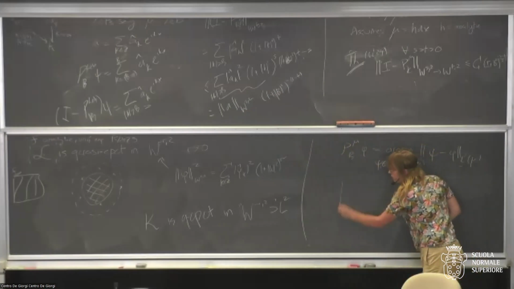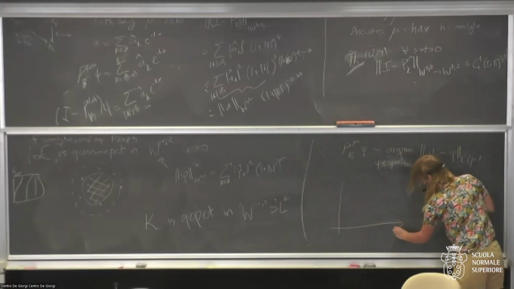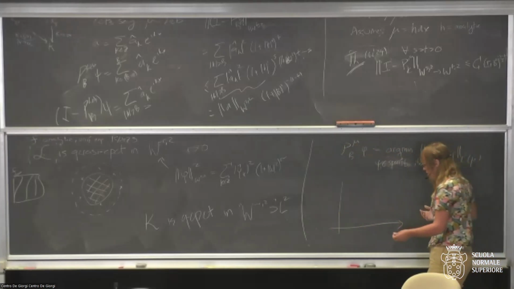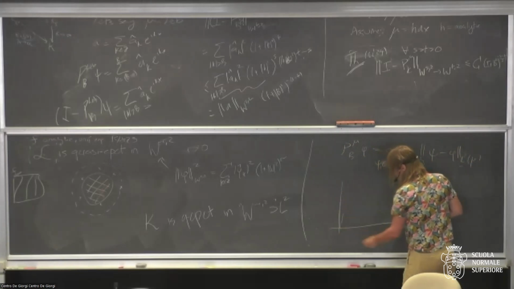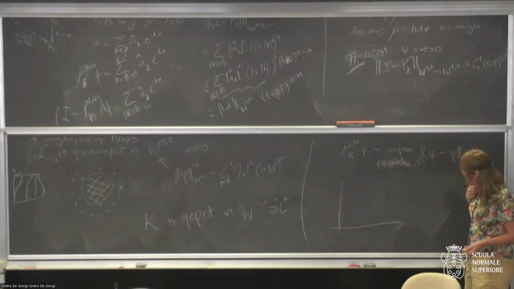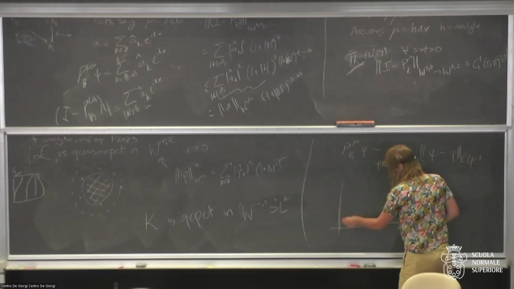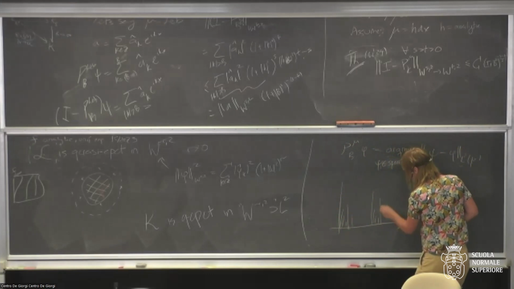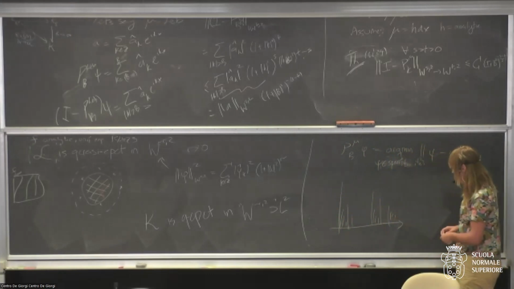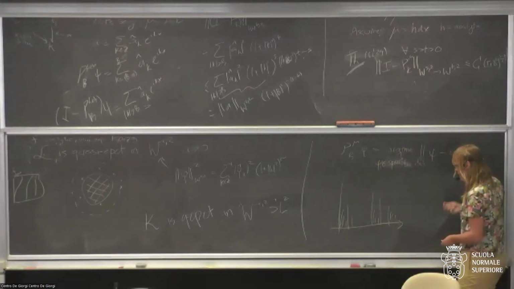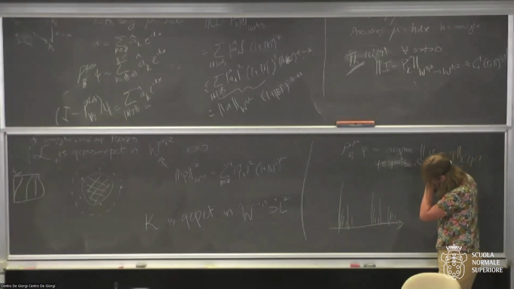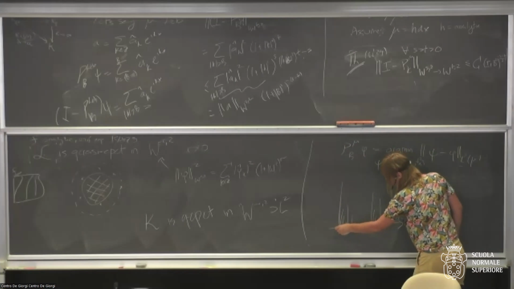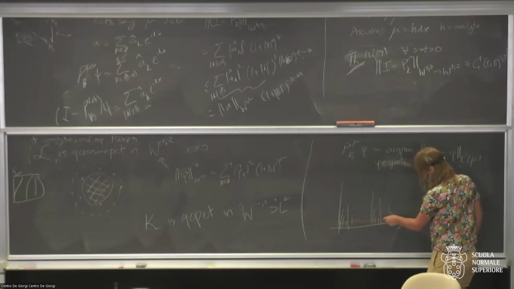In fact, you can get some really weird bad stuff if your measure is not continuous. Imagine some kind of Cantor measure, or a measure that's not supported everywhere, and you project some function that is sort of wiggly like this.